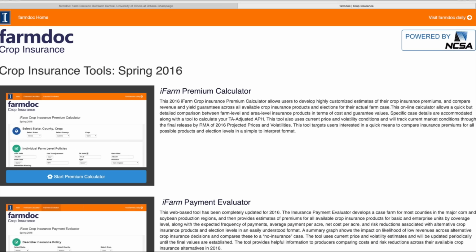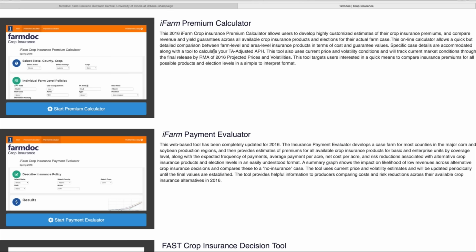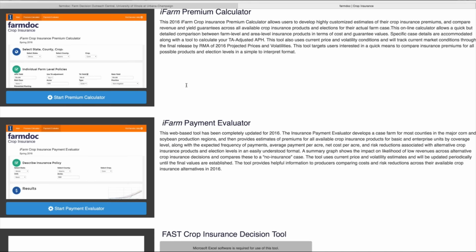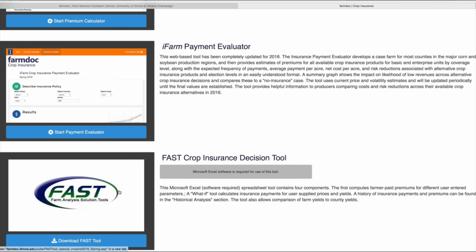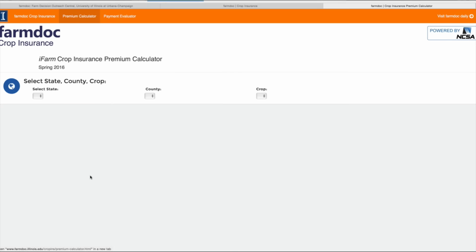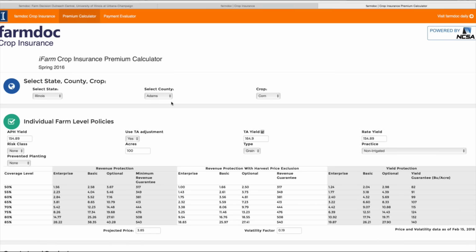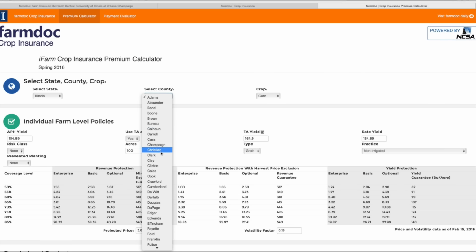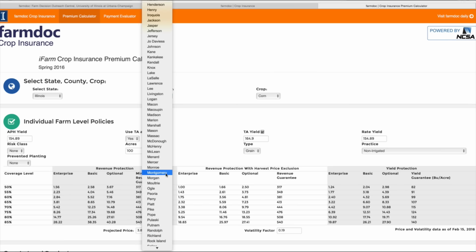Here we are on our crop insurance site. You go into Farm Doc, go into the crop insurance section, and you will see the premium calculator, payment evaluator, and then we also have our fast tool here. In the premium calculator, you can select your state and your county. All my examples today are in Logan County.